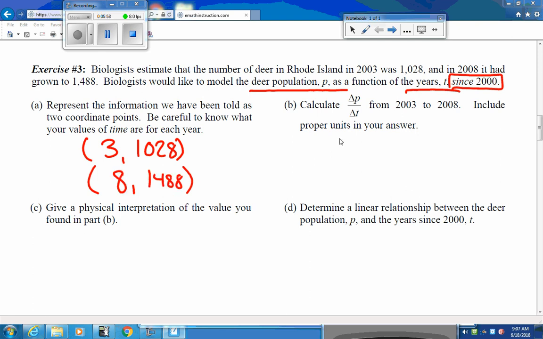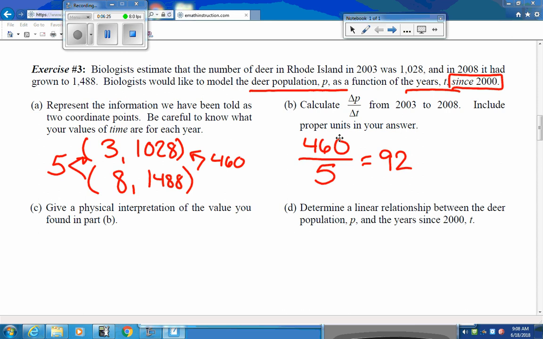Now I'm going to use my rate of change. I'm going to do bottom minus top. I get 5 for the years difference, and for the other part, I get 460. So I take 460, which is the change in the population, and divide it by 5. In this case, I'm going to end up with 92.